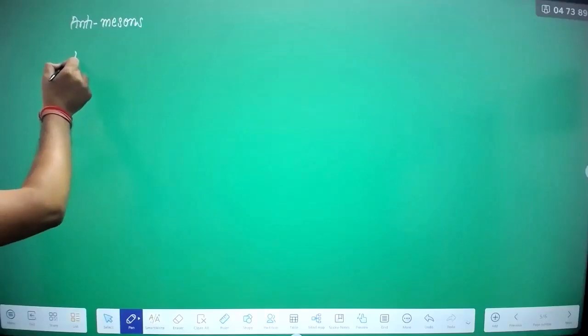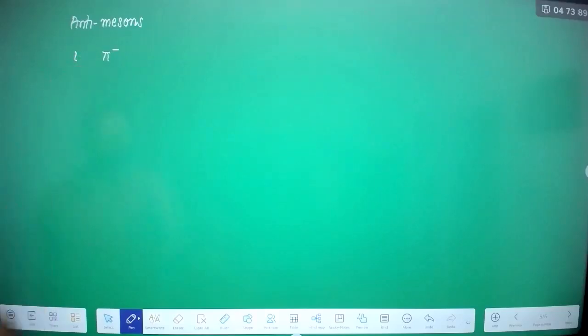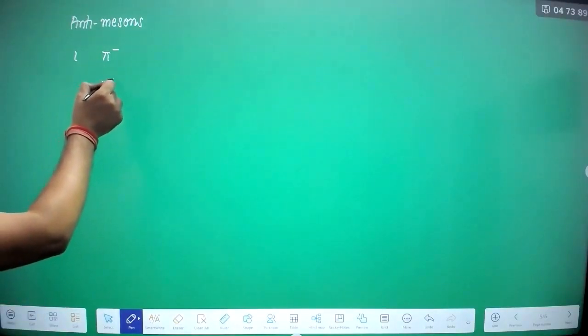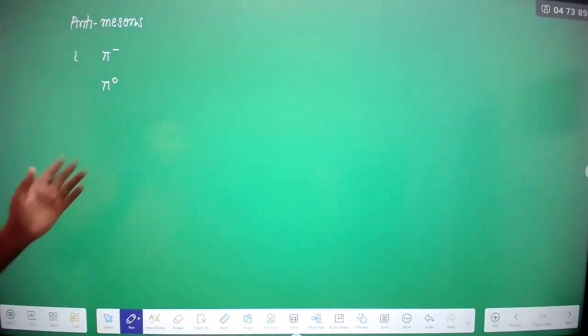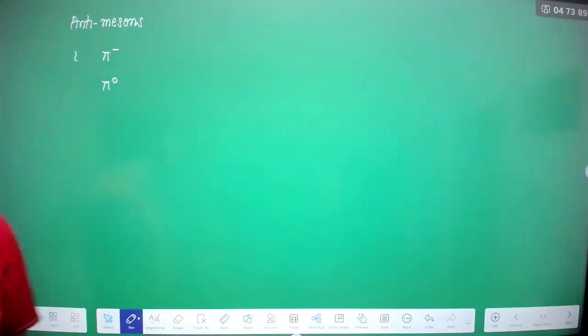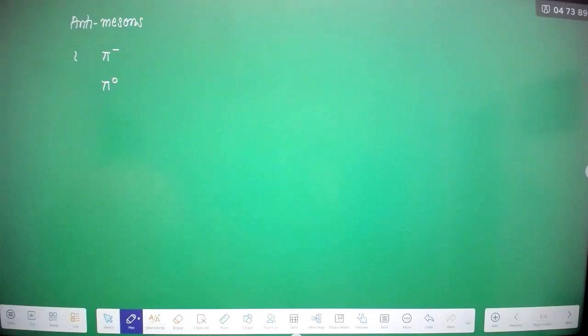So first was pi plus, so the corresponding antiparticle is pi minus. For pi naught, remember this: the antiparticle of pi naught is pi naught itself. Later on, I will explain on the basis of quarks.